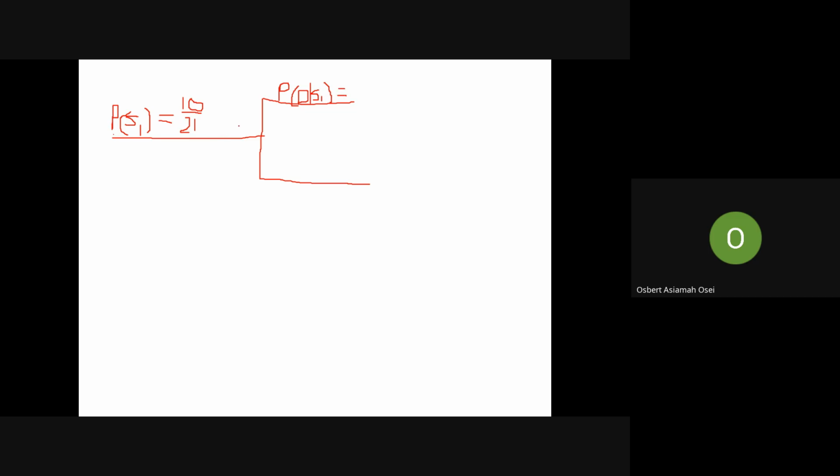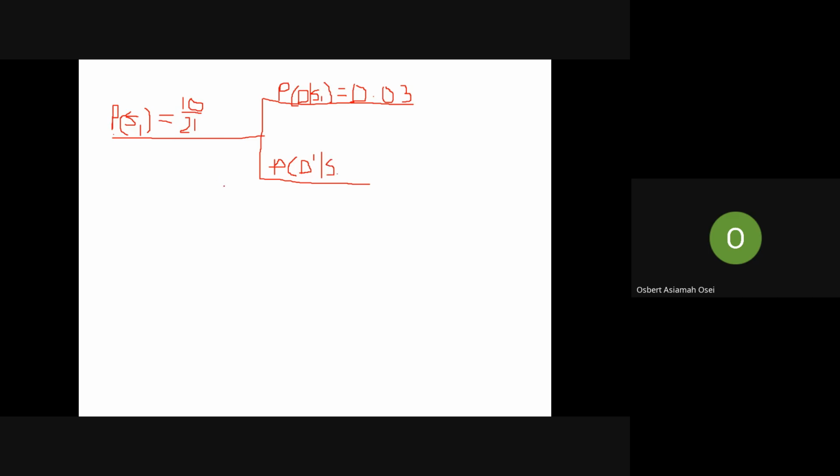The question says the probabilities are percentages. So the percentage is 0.03, that's 3%. The 3% represents the probability 0.03. And the opposite of defective is good. This time we are not writing G, but rather D complement.